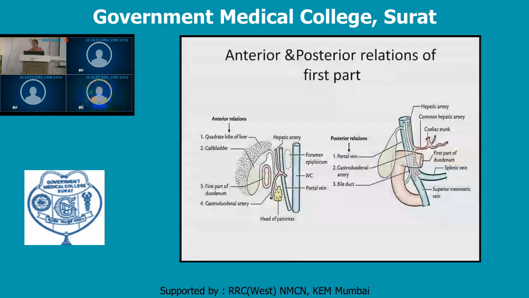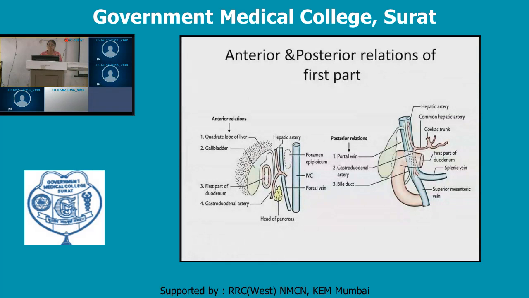If you remember, this is the retroduodenal part of the portal vein. So the posterior relations of the first part are the gastroduodenal artery, bile duct and portal vein. These are the three posterior relations. So for the first part, anteriorly remember it is the liver, and to be particular, the gallbladder and the quadrate lobe of the liver.